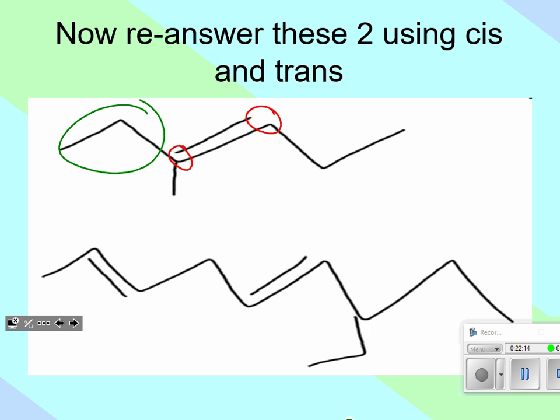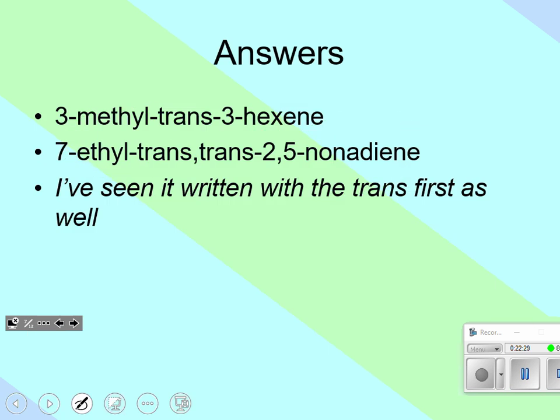On the second carbon here, carbon number 4, there's nothing going up, so that's an assumed hydrogen. So the bigger group is going down. In other words, they're going in opposite directions. Which is why that first one would be called 3-methyl trans 3-hexene.